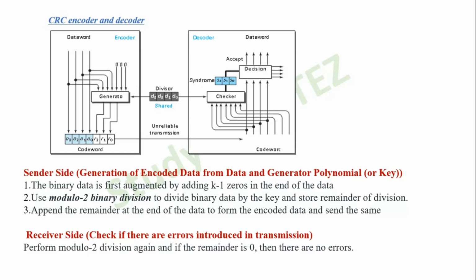If the syndrome is some nonzero value, then the code word received is corrupted. If it is 0, uncorrupted; if it is some value, then it is corrupted. If it is corrupted, the whole code word is discarded. If it is uncorrupted, we take out the redundant bits and only pass the data word. So the data word is extracted.